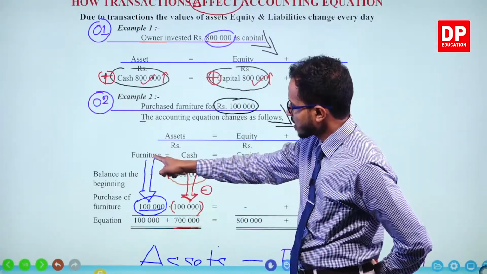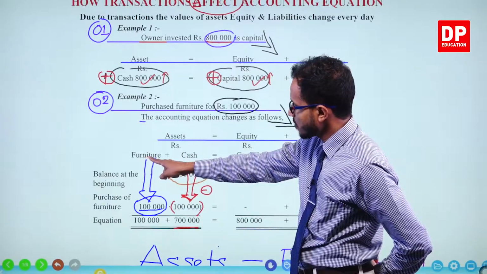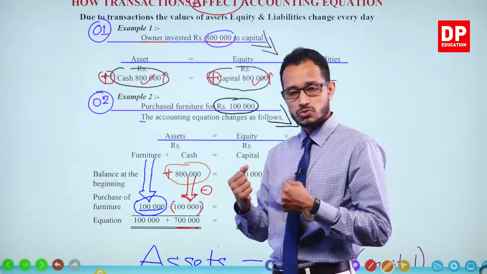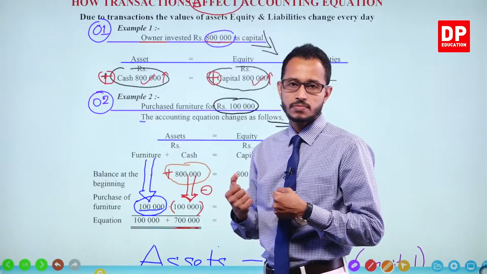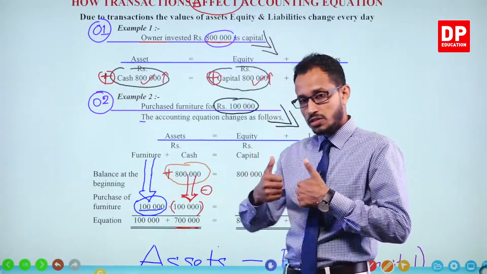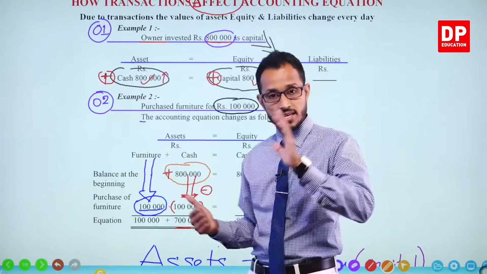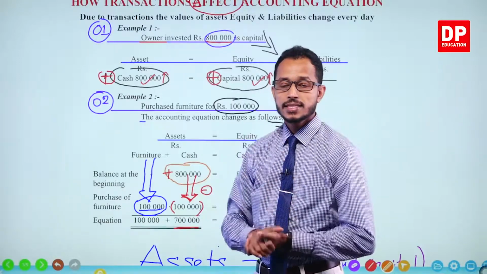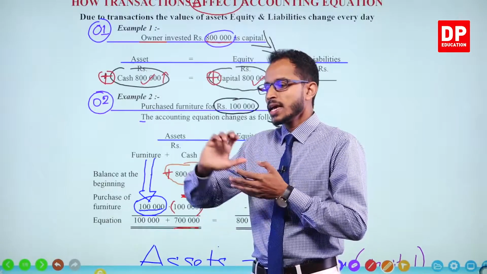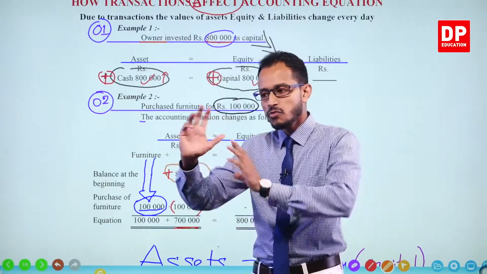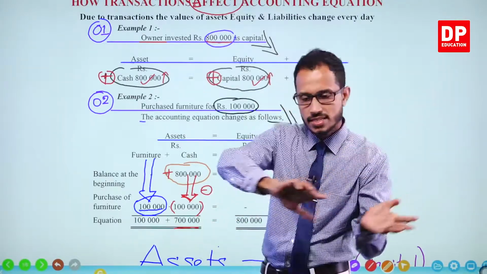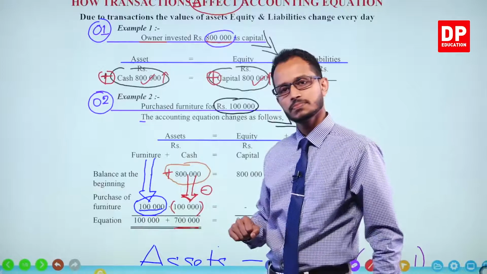That's why under assets, furniture also is shown, because furniture too is an asset. Children, what you have to realize here is, in this type of transaction, on behalf of one asset which decreased, another asset has increased.